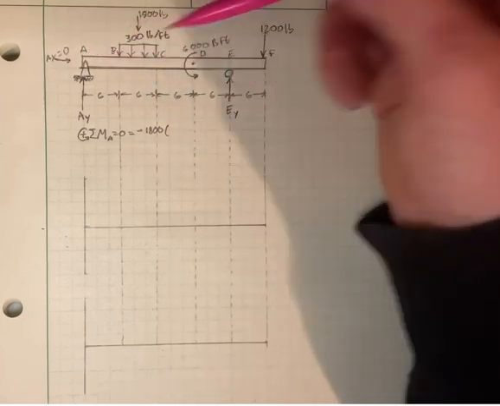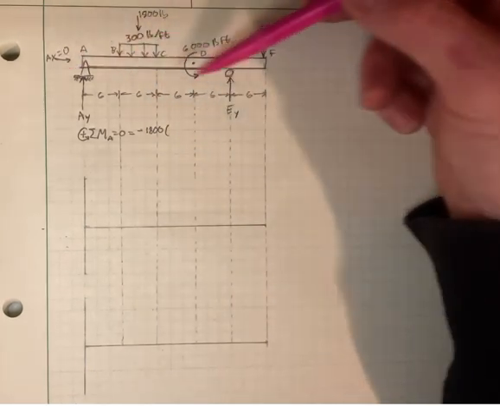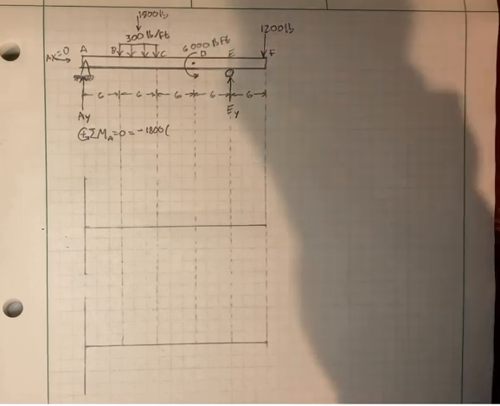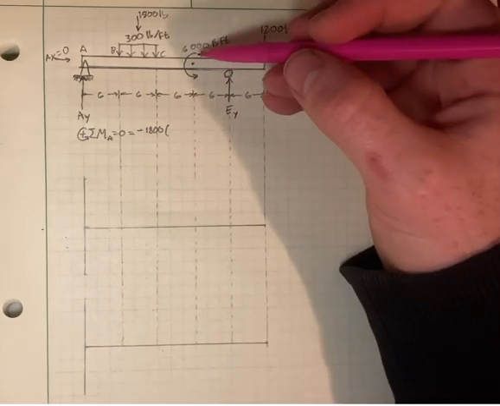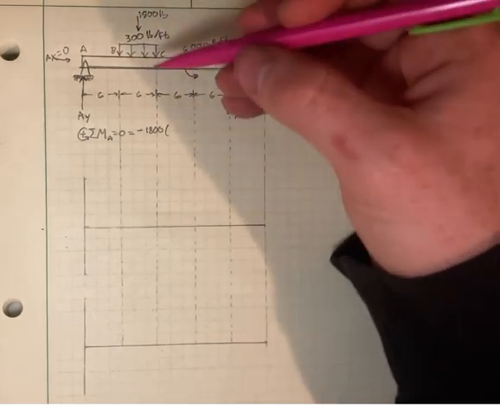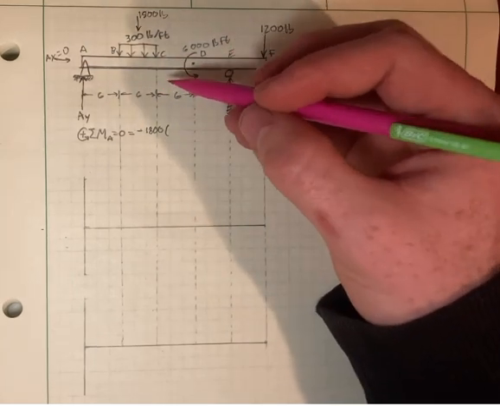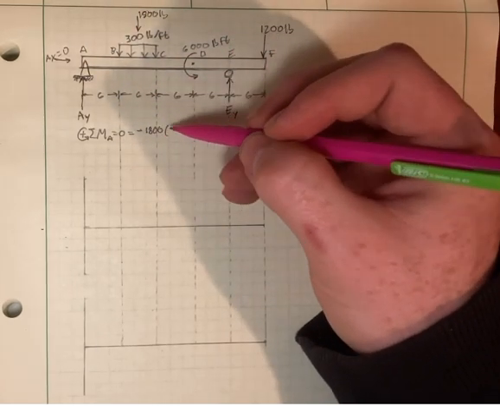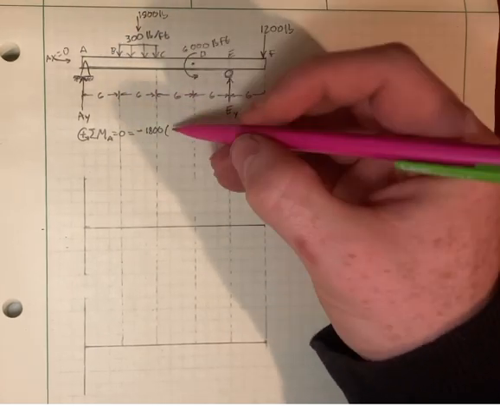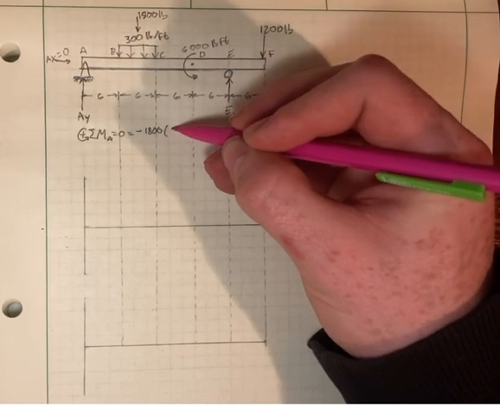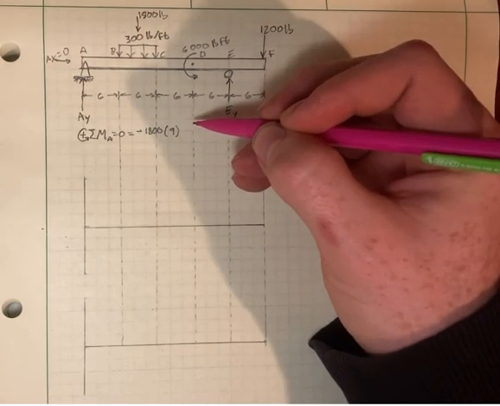This A, B, C, D, E, F beam is just chopped up by 6s. Pretty nice. Of course, that's not always the case, but that's what we're working with here. So negative 1,800 times 6 plus 3, which is 9.